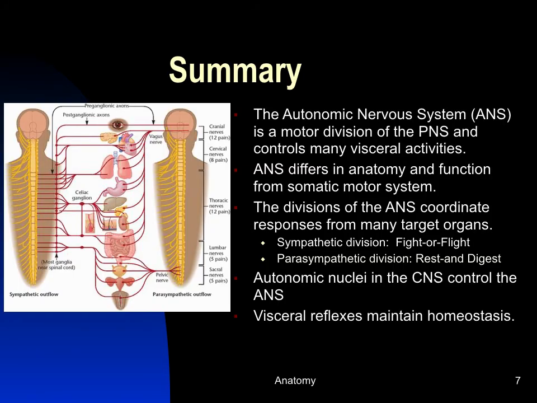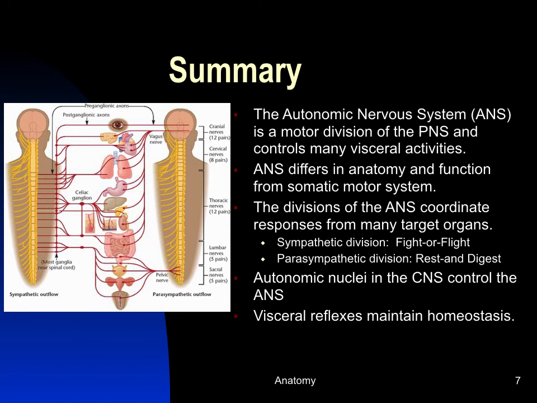Okay, so to summarize, the autonomic nervous system is a motor division of the peripheral nervous system and controls many visceral activities. The autonomic nervous system differs in anatomy and function from the somatic motor system. The divisions of the autonomic nervous system coordinate responses from many target organs. Sympathetic division is the fight or flight.